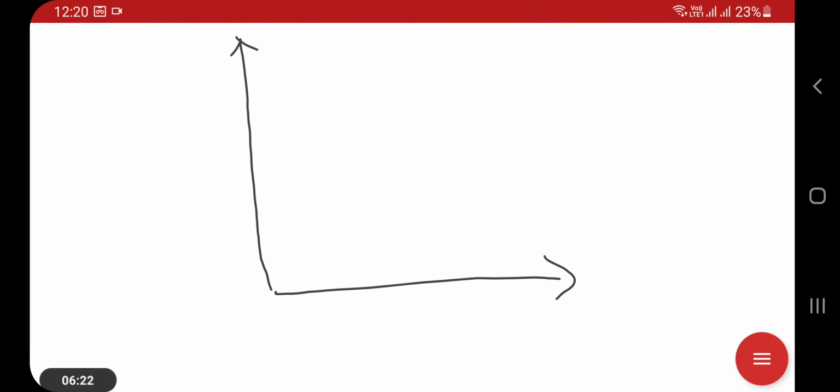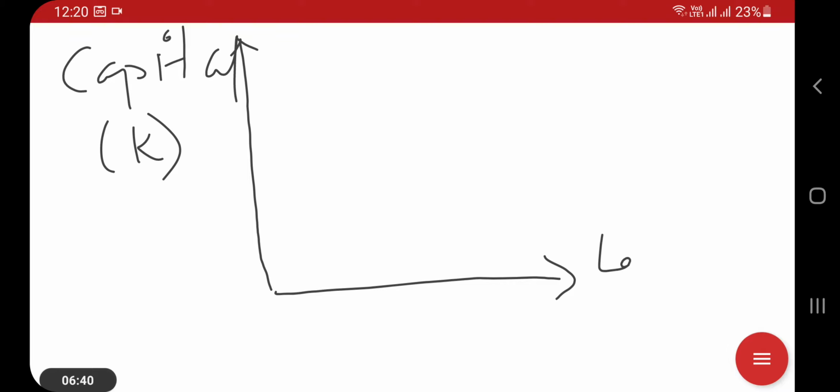Let us say we have taken an x-axis and y-axis. On the y-axis we take capital, and on the x-axis we take labor. Capital is represented as K and labor is represented as L.